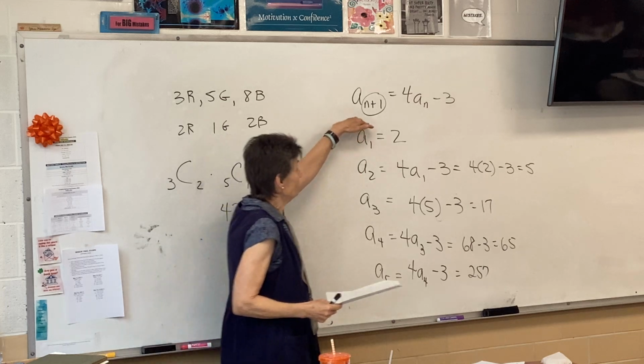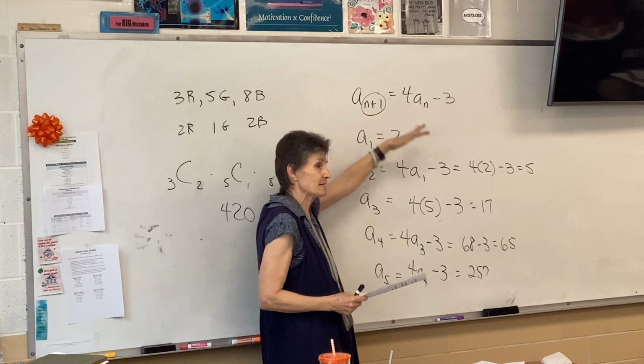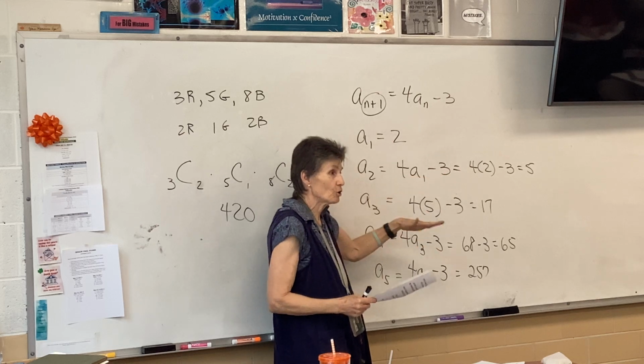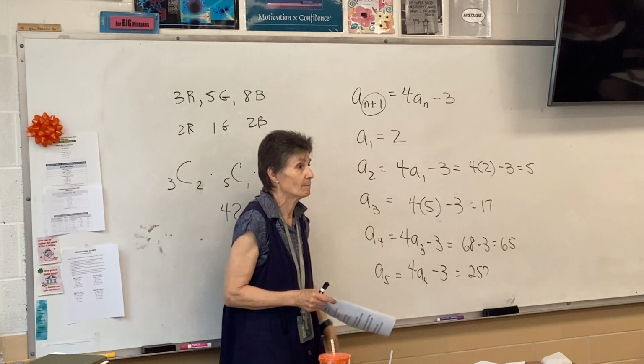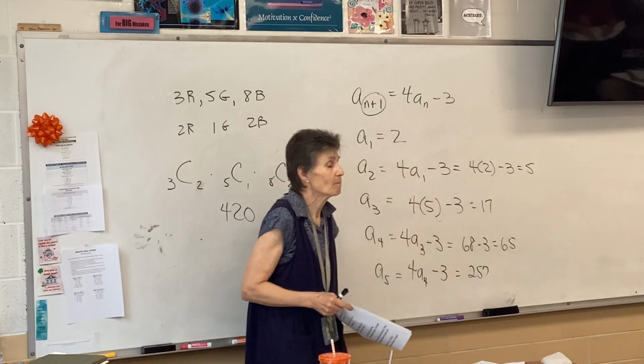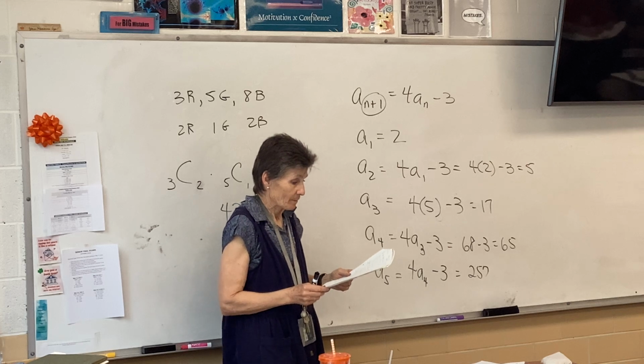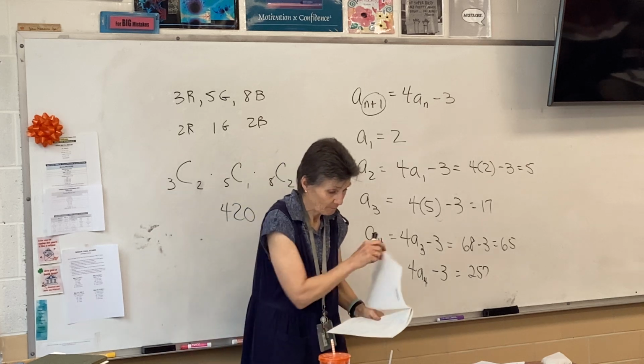When you have a formula that's written like this, it's called recursive, and you can't skip ahead. You have to work your way down to the one that you just want. All right, who else?